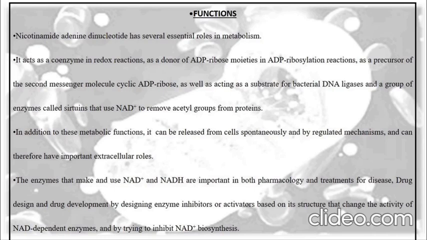In addition to these metabolic functions, it can be released from cells spontaneously and by regulated mechanisms and can therefore have important extracellular roles. The enzymes that make and use NAD plus and NADH are important in both pharmacology and treatments for disease, in drug design and drug development, by designing enzyme inhibitors or activators based on its structure that change the activity of NAD dependent enzymes and by trying to inhibit NAD plus biosynthesis.